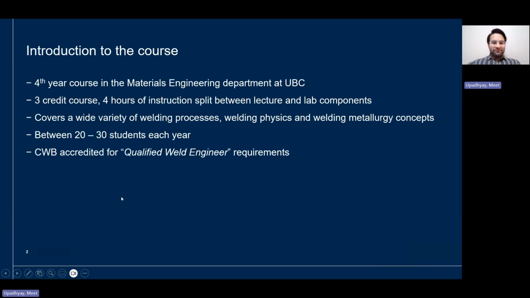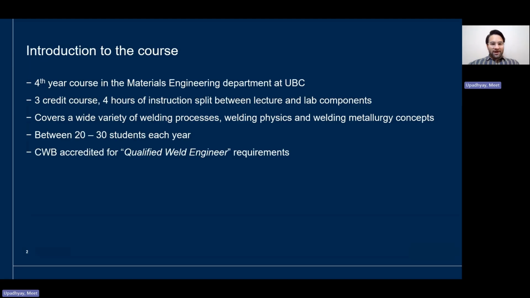So just a brief introduction to the course. This is a fourth year course in the Materials Engineering department. It's a 3 credit course where 4 hours of instruction are split between lecture and lab components. The lab components mainly focus on using simulation software like Simufact Welding to develop models for welding different components.